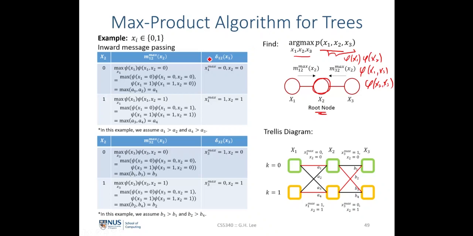So for the message, I would simply apply a max over x1 on this joint probability distribution, and I need to pick out from the active list the terms that consist of x1, and in this case would be phi of x1 and phi of x1, x2. I will do the maximization over these terms, following the steps that I have explained earlier.